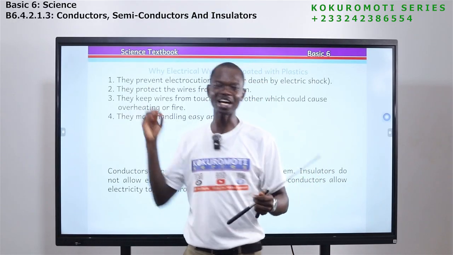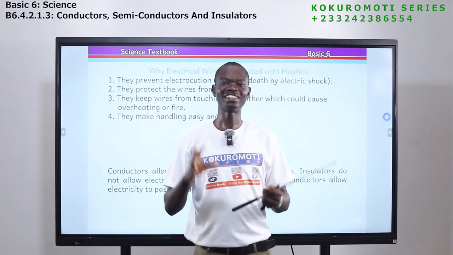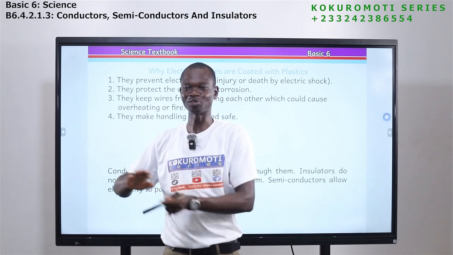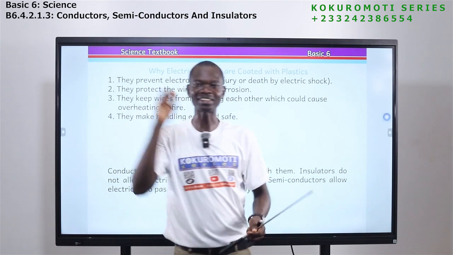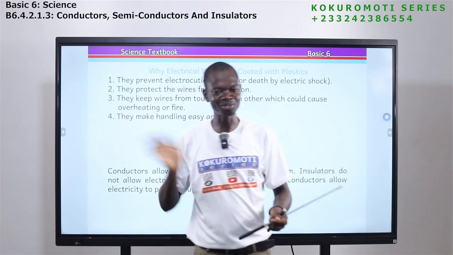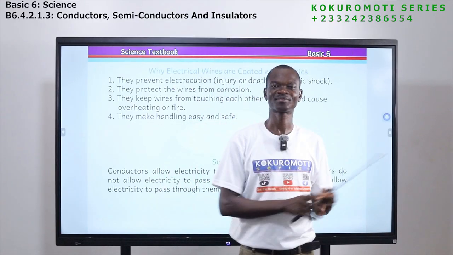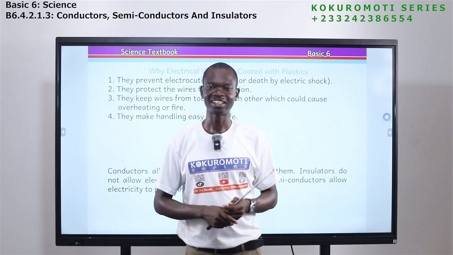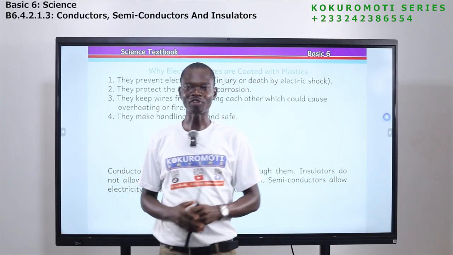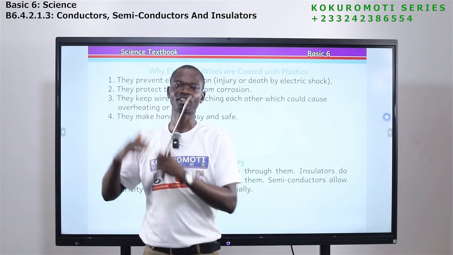Materials that heat and electricity can pass through easily, we say they are good conductors. So we put them at one side. Materials that do not allow electricity and heat to pass through them at all are insulators. And there is another group of materials called semiconductors.